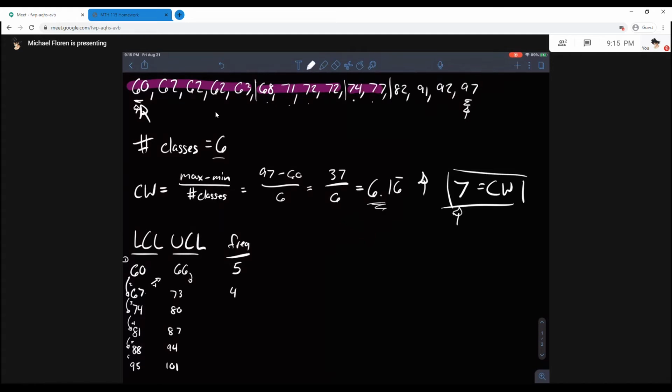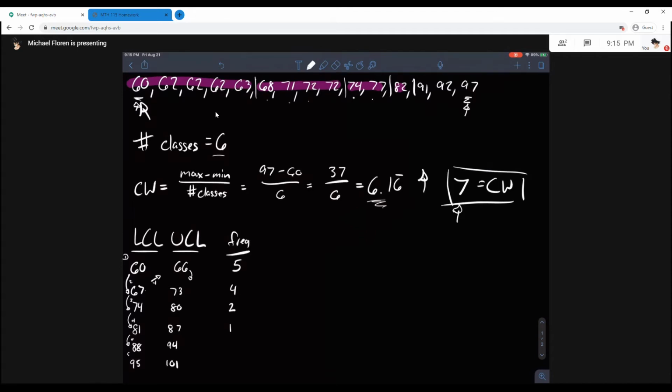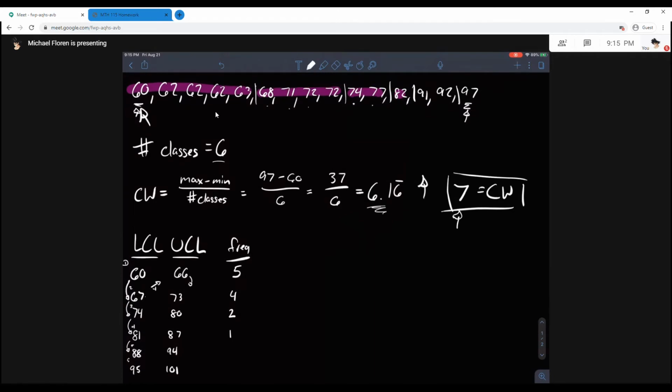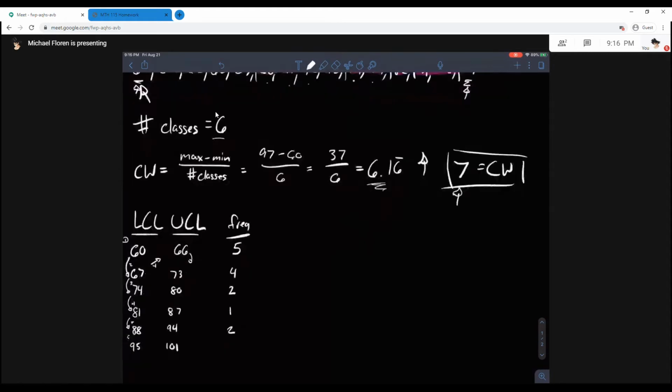Between 81 and 87, there's only one number, that's 82. Oh, that's kind of interesting. I randomly generate all these in the homework app, so I literally don't know what they are. 91 and 92, so there are two numbers between 88 and 94. And there is just one number, 97, on the top end between 95 and 101.